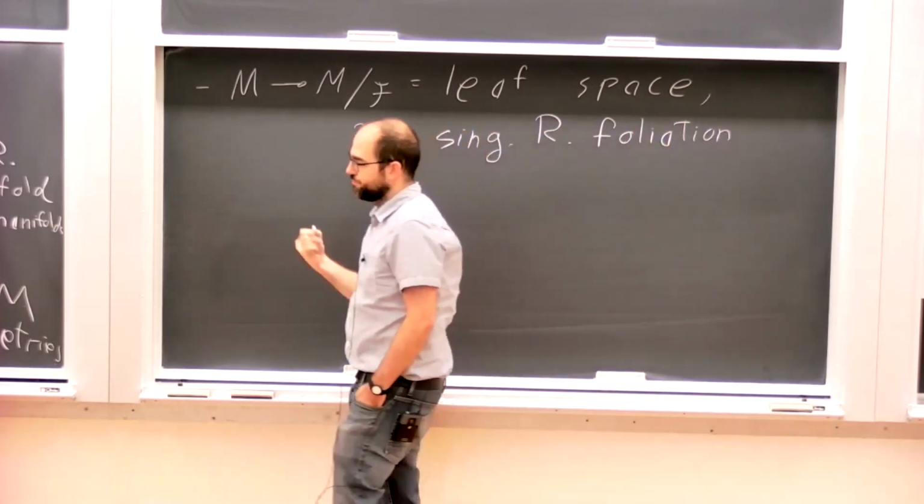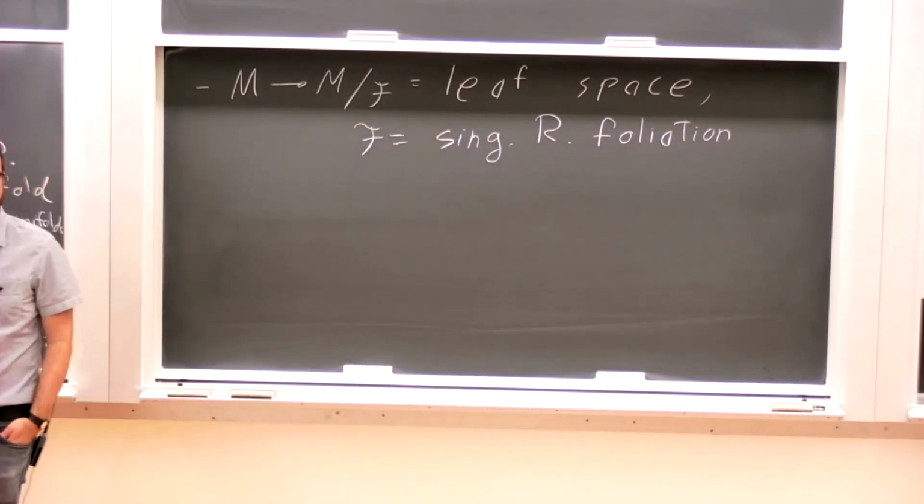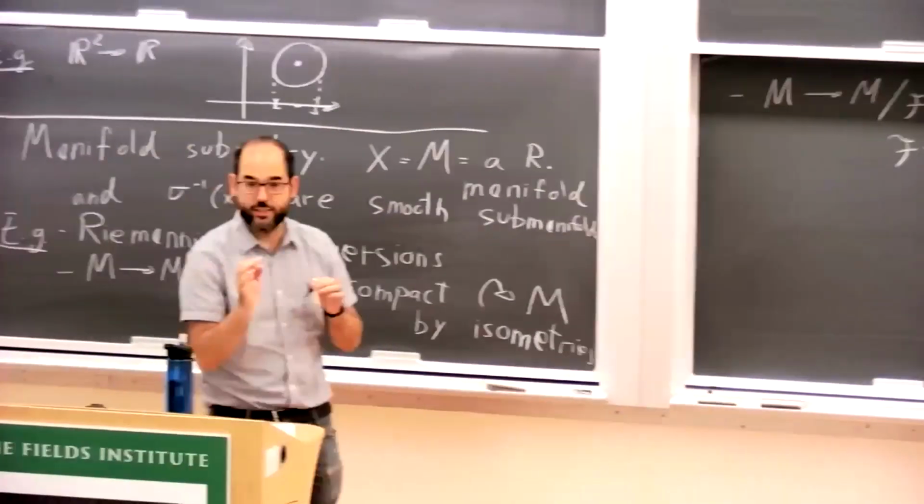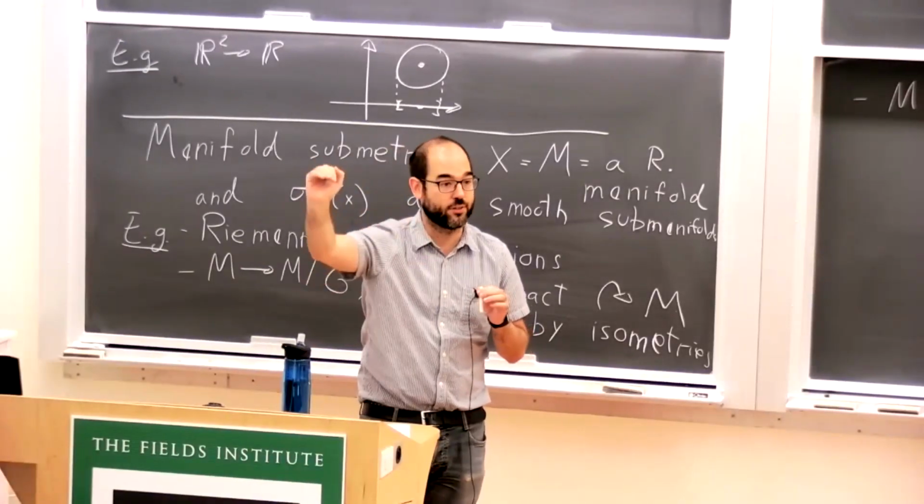Right, so Diego talked about this in his talk: what are singular Riemannian foliations? They're singular foliations in the sense that they're generated by smooth vector fields, right? And if you have a horizontal geodesic that is normal to one leaf, it stays normal to every other leaf that it meets.